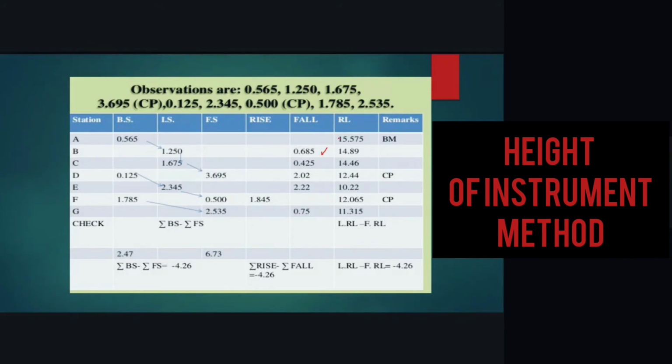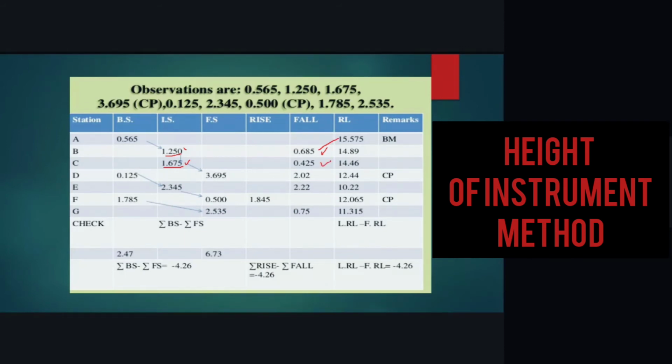And this is the reduced level. So first of all, we'll do the rise and fall, then I'll explain what we have to do. Then for the next point, you have to subtract 1.675 from 1.250. If you subtract a higher value from a lower one, you will get a negative value of minus 0.425, and you have to write it in fall.